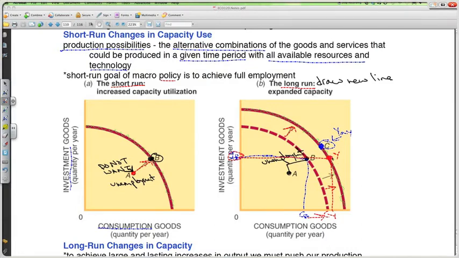So obviously point Y would be better, and point Y is on this further out curve. So in the long run, we expand our capacity, and this difference between these two lines would be our economic growth. And that's what we want. So in the long run, we see economic growth. In the short run, we want to maximize all of our resources to make sure we're using all of them.